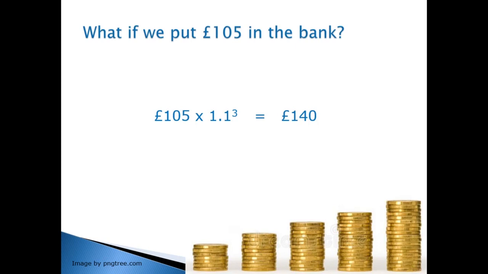But what if we put £105 in the bank? Then that would have a value in year 3 of £140. So the investment in project X has the same value as having £105 in the bank today.